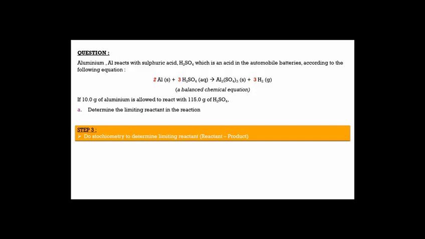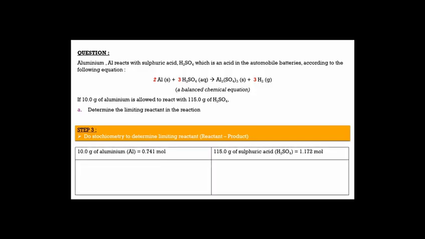In my video for today, I am going to focus on comparing between reactant and product. These are the number of moles of aluminium we obtained, which is 0.741 mole, and for sulfuric acid is 1.172 mole.